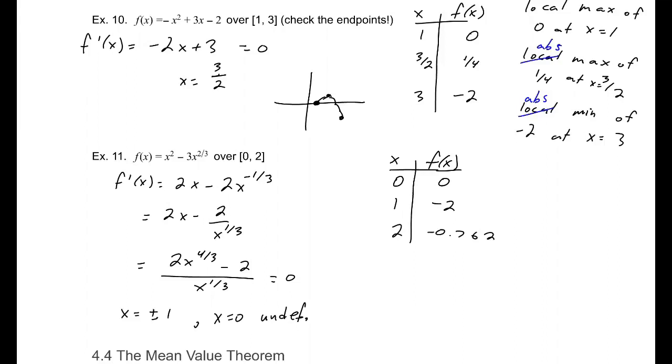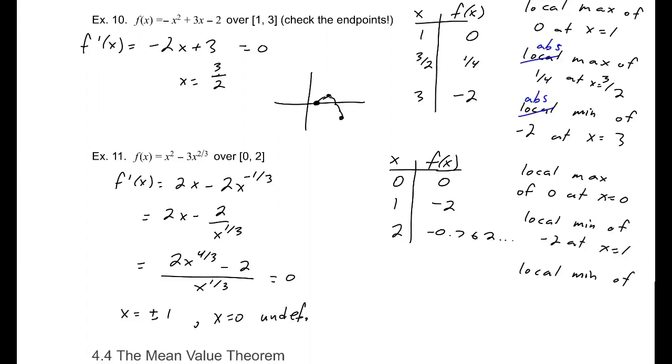All right, so it appears that we have a local, let's go ahead and call it a max until we see otherwise, maximum of 0 at x equals 0, a local minimum of negative 2 at x equals 1, and a local minimum of negative 0.762 at x equals 2.